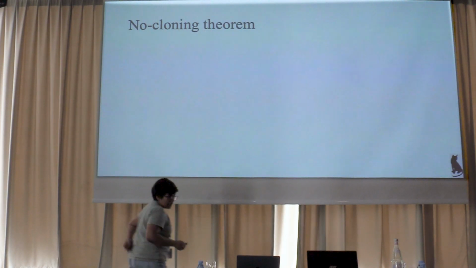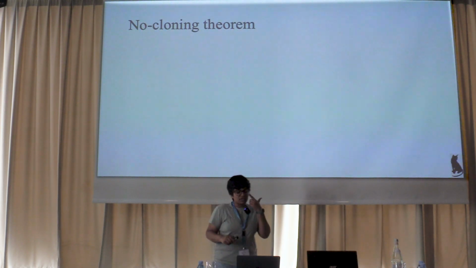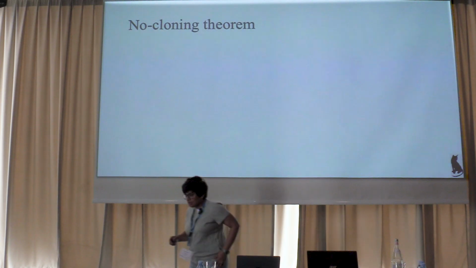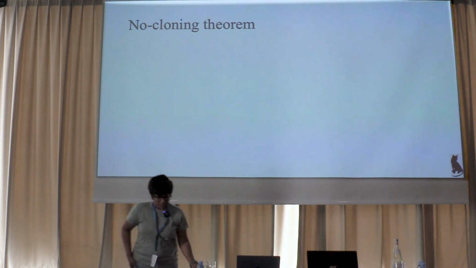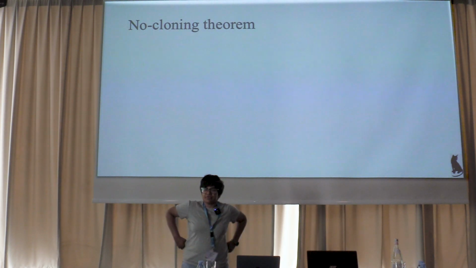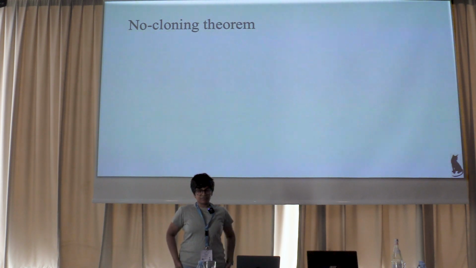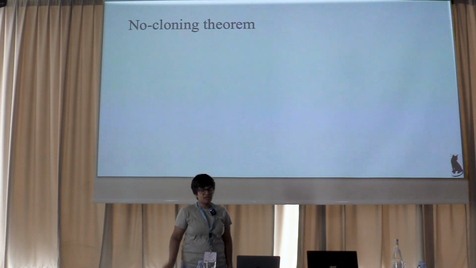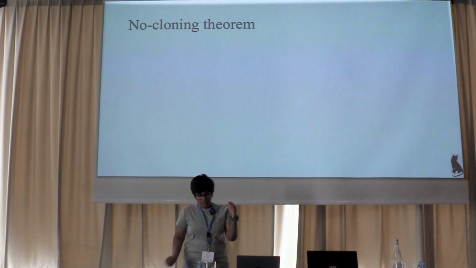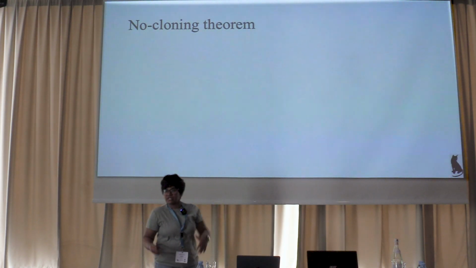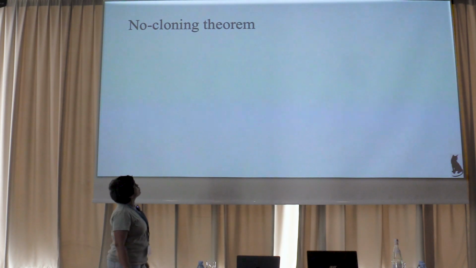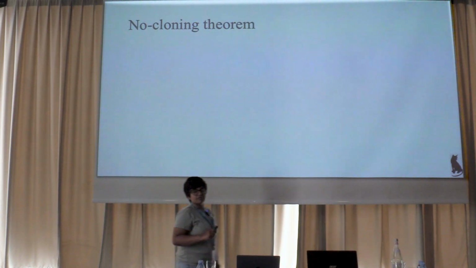Now, the first cool thing that quantum computing offers, or let's say doesn't offer. Classically I can copy information, right? I can have a classical copy gate, which can basically read any bit of information into a new register for me. But quantumly, we cannot copy information.